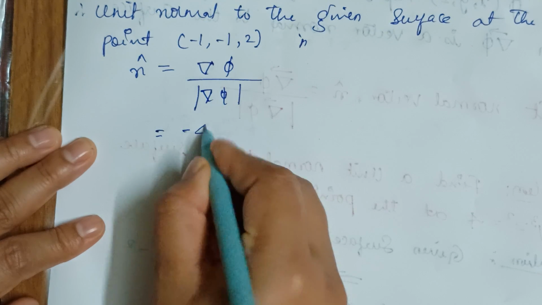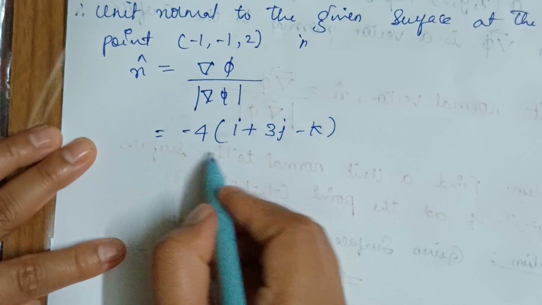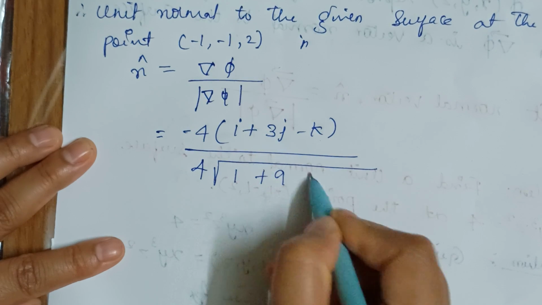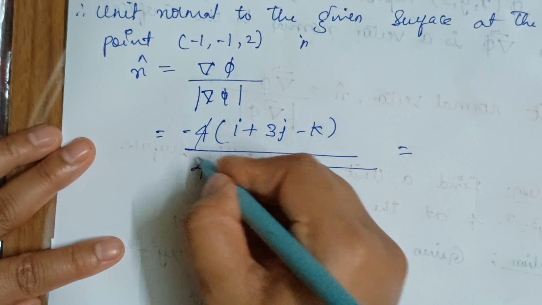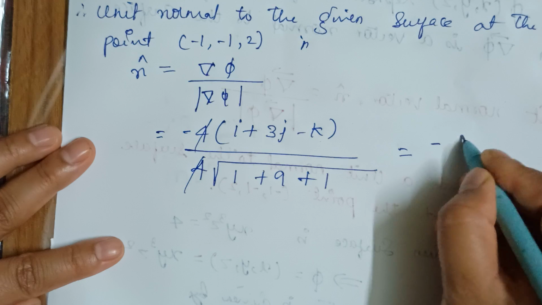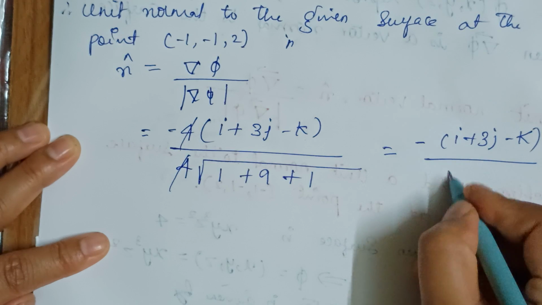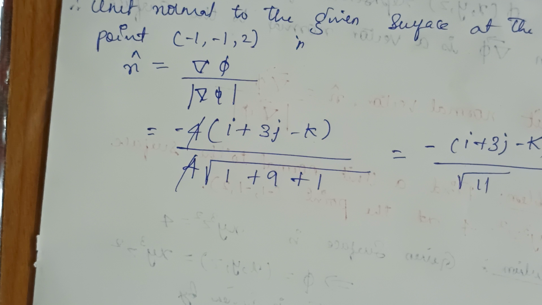So it is going to be -4(i plus 3j minus k) divided by 4 into square root of 1 plus 9 plus 1, which is 11, and 4 will get cancelled: -(i plus 3j minus k) divided by square root of 11. So this is the unit normal to the given surface at the point (-1, -1, 2).